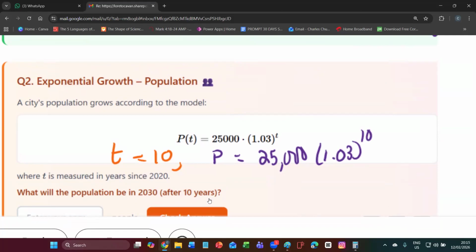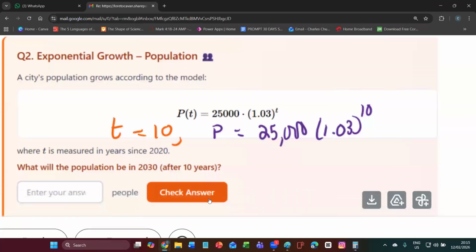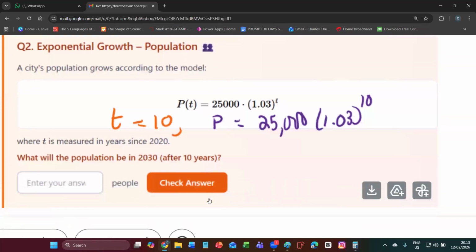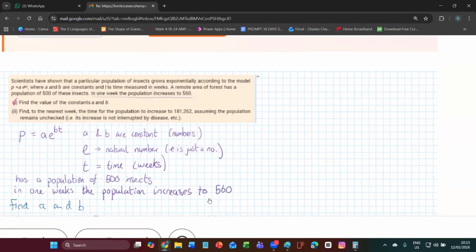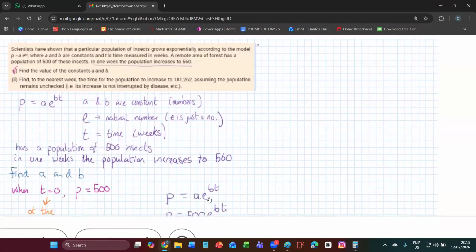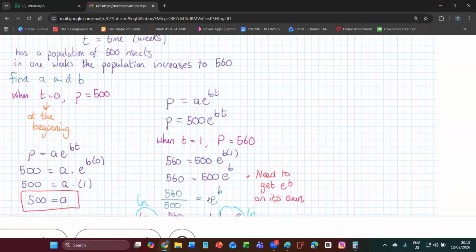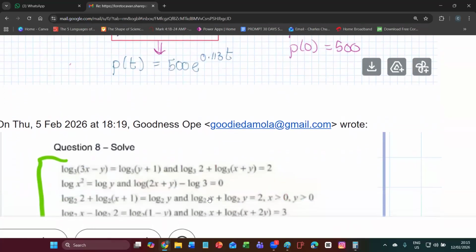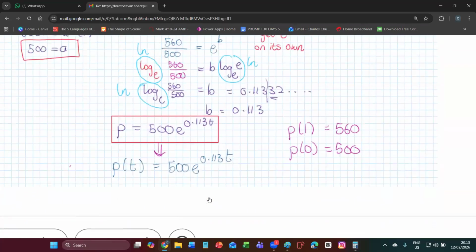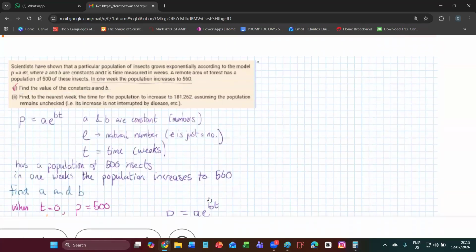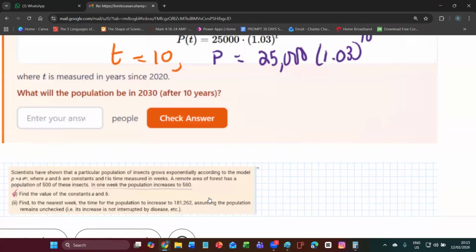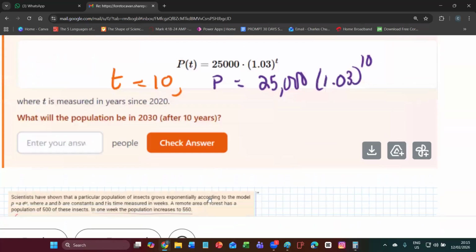Okay, so this one, that's the solution to it. All right, so I think that's about it. I don't see any other one that is not done.